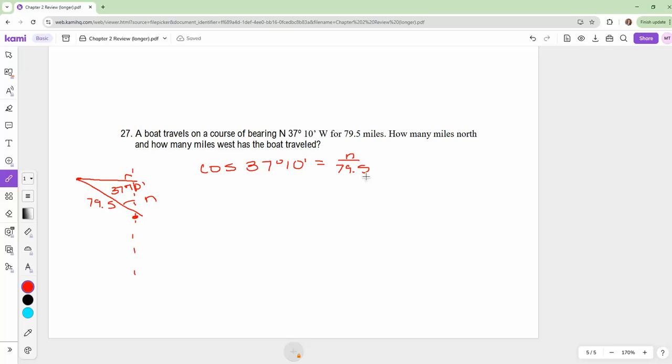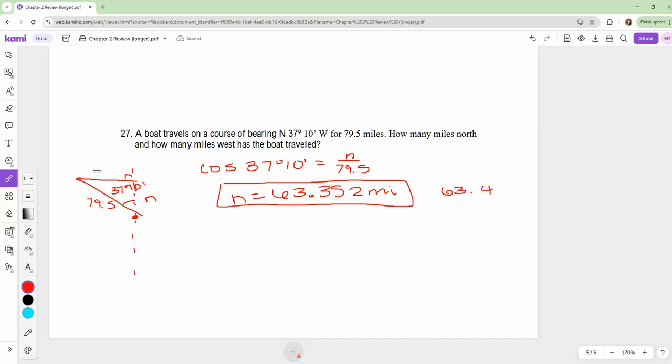Do you remember how to put degrees and minutes in your calculator? 37 plus 10 over 60. And if you do that, you get 63.352. If we did significant digits, you would call it 63.4. I didn't specify on this.